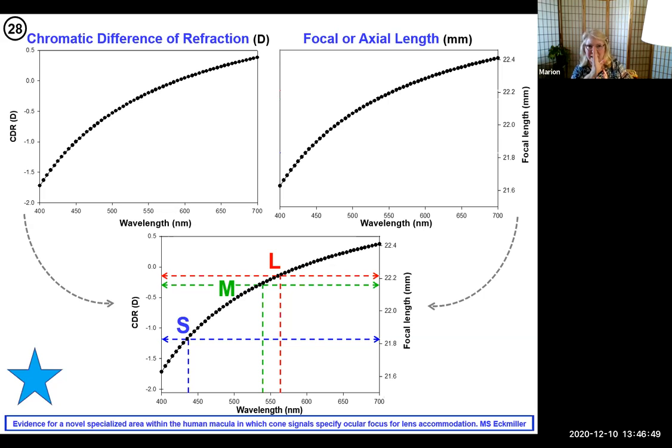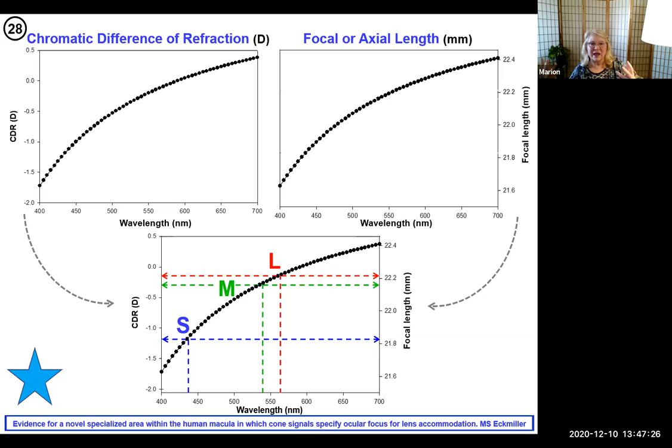But the nasal half of the ganglion cells in the retina will have their axons cross at the optic chiasm and project to the opposite side of the brain in the optic tract. So the information that's going to control the accommodation of the one lens in the eye would all of a sudden be in both hemispheres of the brain.